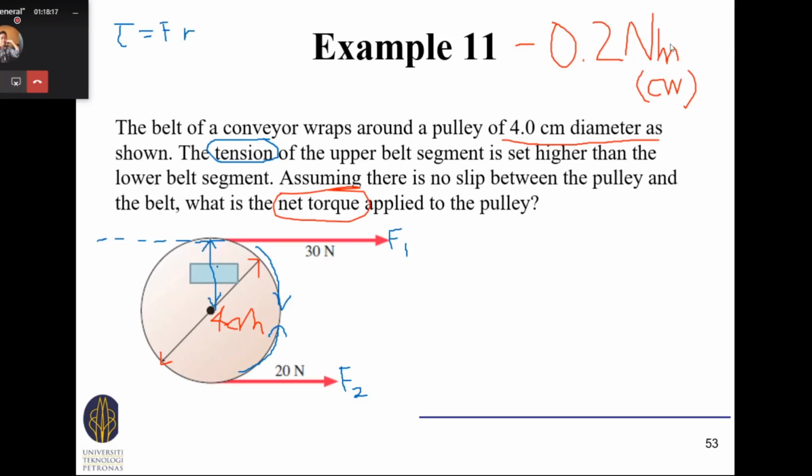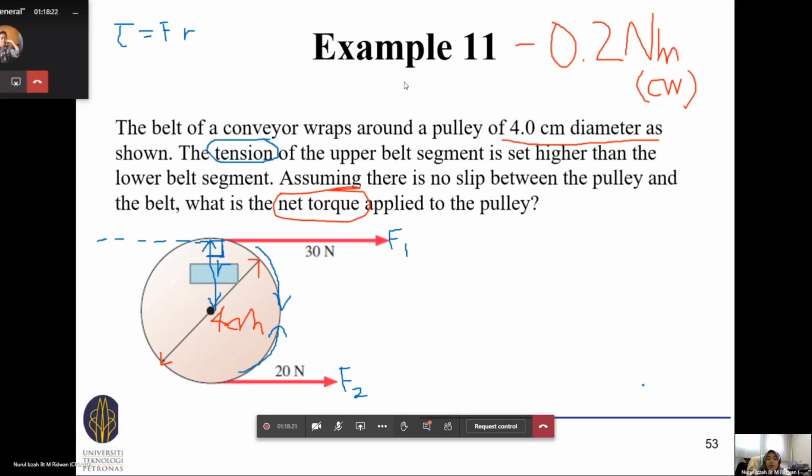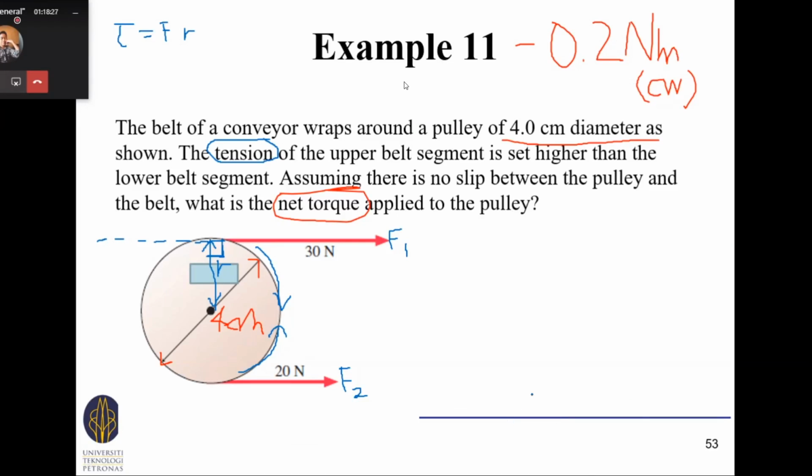So this is where the R and F is 90 degrees. Again, why do you always need to keep the 90 degrees? That's when your torque is maximum. That means it is easy for this object to rotate. And then for F2, this is where the R is located. So you see that F and R must be perpendicular.